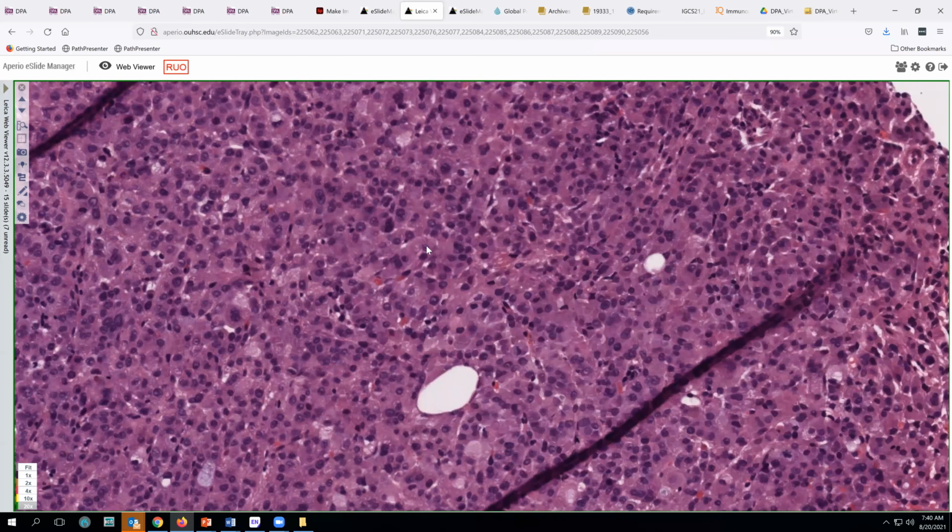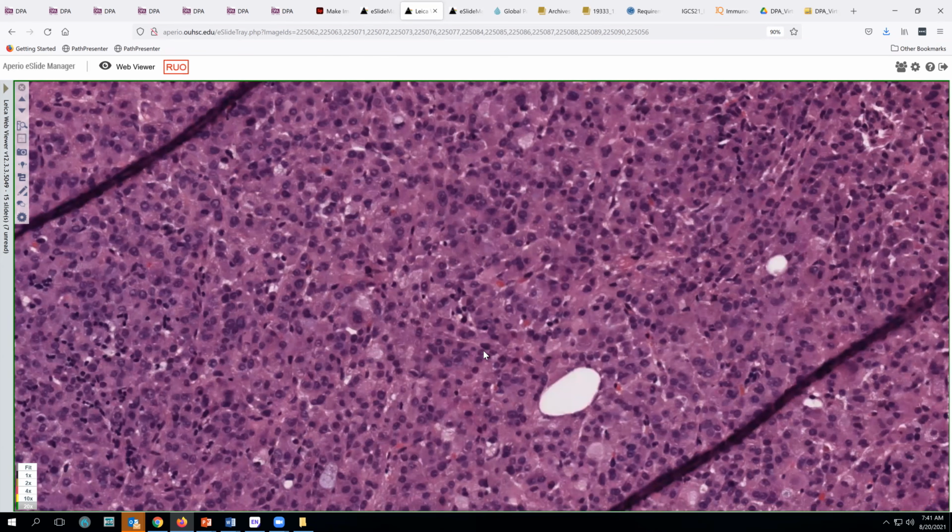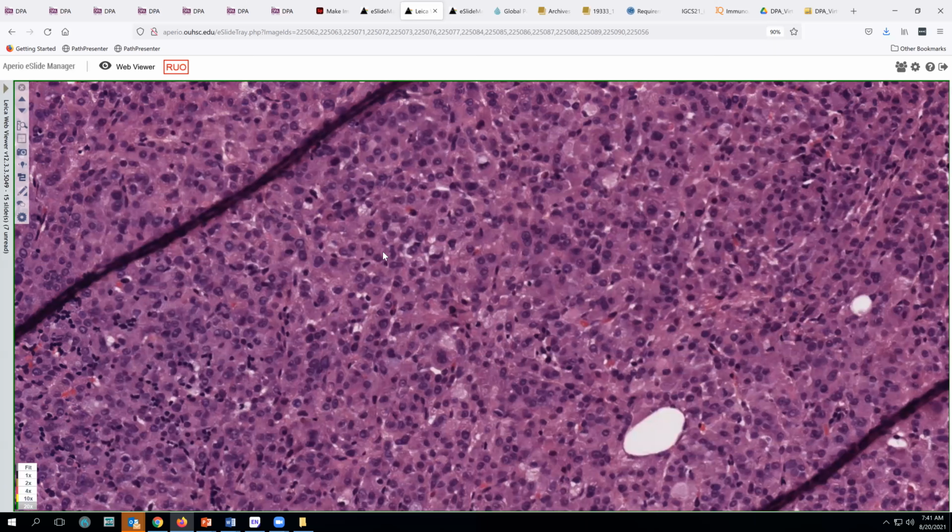However, you can suggest a degree of differentiation based on nuclear and mitotic features that probably put this into the moderately differentiated category, given the fact that we have relatively uniform, mildly pleomorphic nuclei. There were quite a few mitoses in here, as you see here in a few areas, and probably solid architecture.